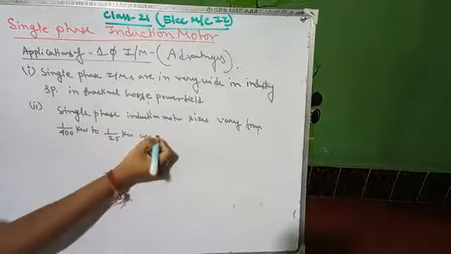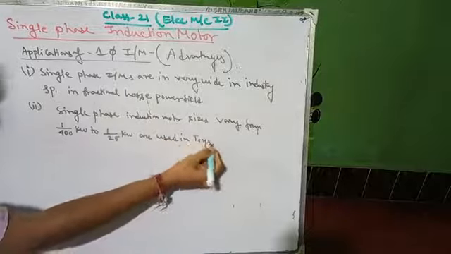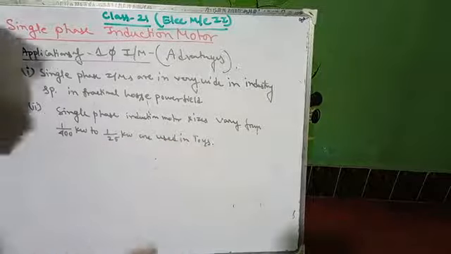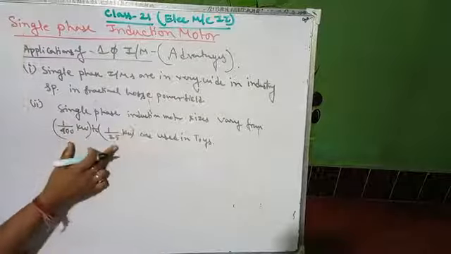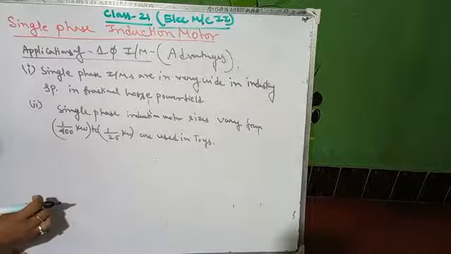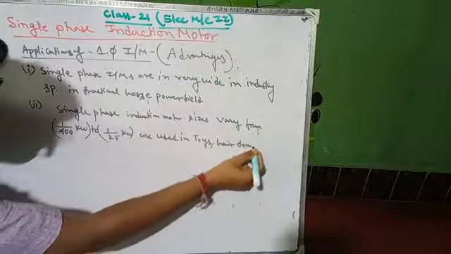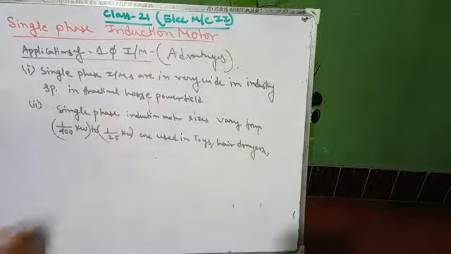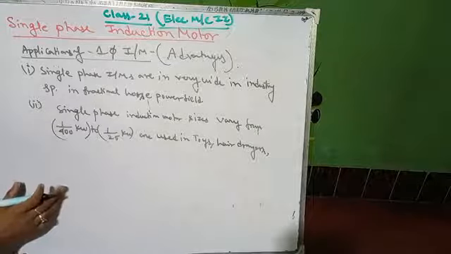Okay, they are used in toys, different types of toys. These are called fractional kilowatt motors. So toys, hair dryer. So there are lots of applications for this range of single phase induction motor.